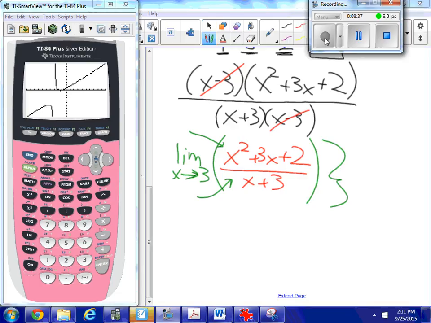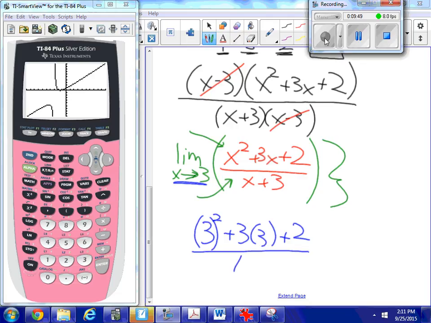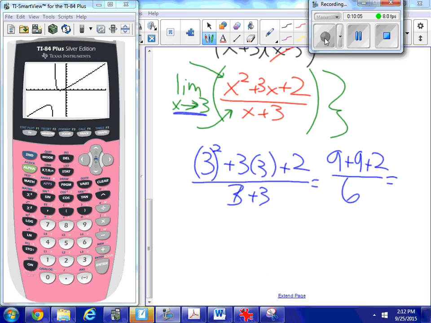So let's see what happens if we do substitution now. So I would have 3 squared plus 3 times 3, that's our limit as x approaches 3, plus 2, divided by 3 plus 3. So that is equal to 9 plus 9 plus 2 over 6, which is equal to 20 over 6, which is equal to, amazingly enough, 10/3.